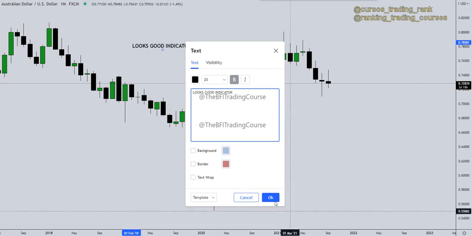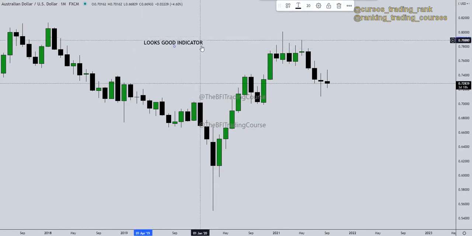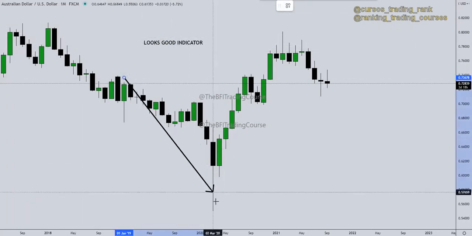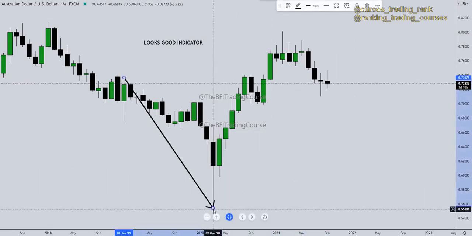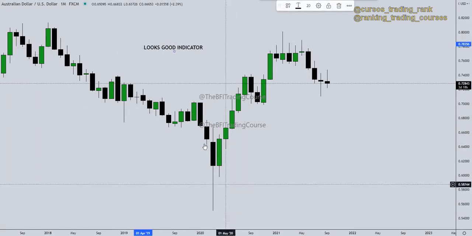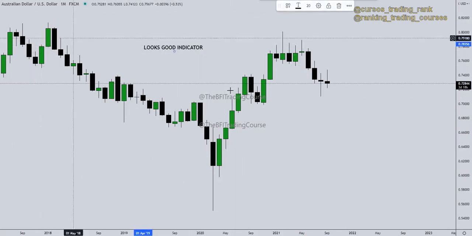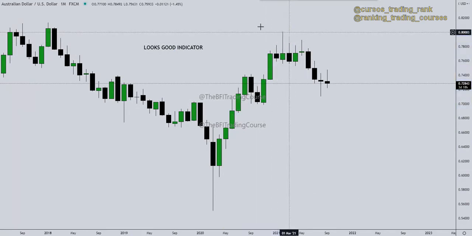What did we say? If it looks good to you and you're a newbie, if it looks real good to sell, Mr. Newbie, that's when you buy. If it looks real good to buy, well, that's when you sell. Those are for the newbies.